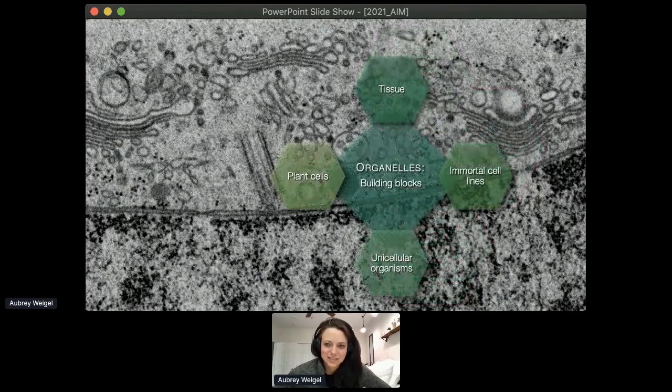Now, inside of a cell are the organelles, the building blocks. And from highly specialized cells within tissue to plant cells to immortalized cancer cells, even simple unicellular organisms such as protozoa, at the foundational level, all the organelles within these cells have the same basic functions. DNA is packed in the nucleus, proteins are synthesized in the ER, and mitochondria generate ATP to fuel the cell.